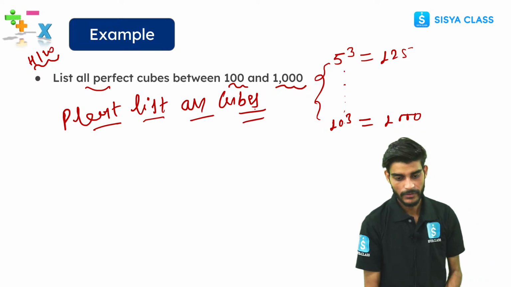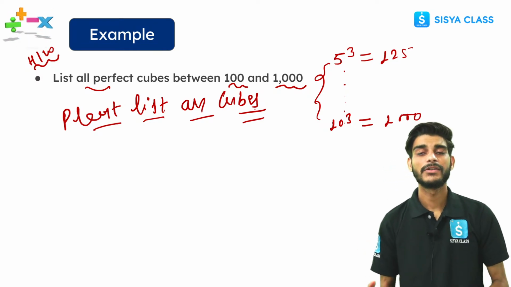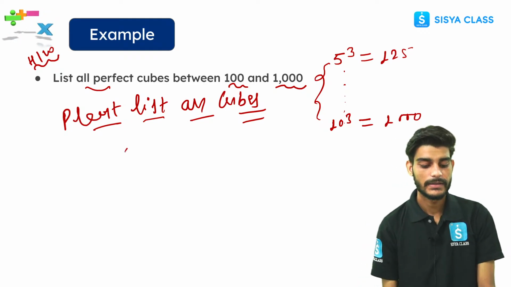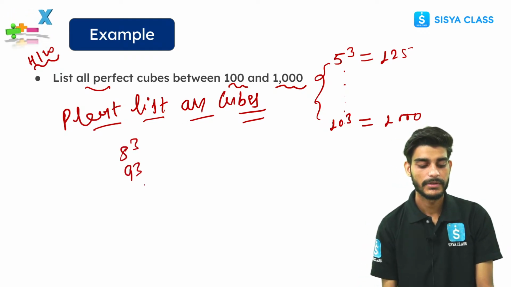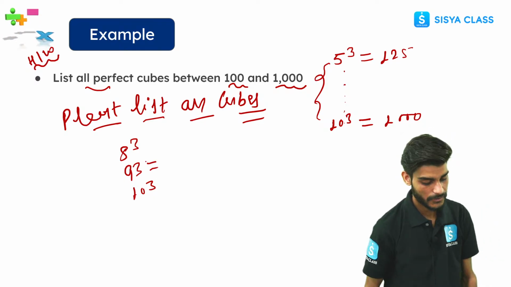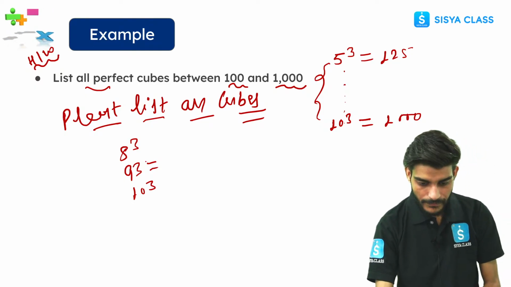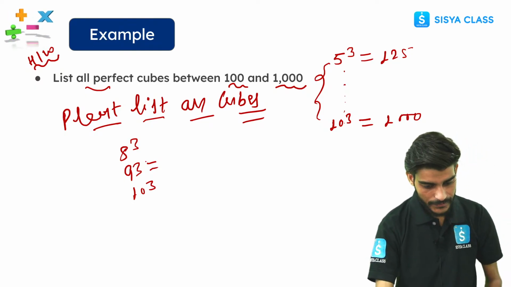You have to write it down. Like 5 cube, 125, 6 cube, 216, 7 cube. In the same way, 8 cube, 9 cube, and 10 cube. This is what you have to do. Write down all perfect cubes from 5 to 10. Clear?